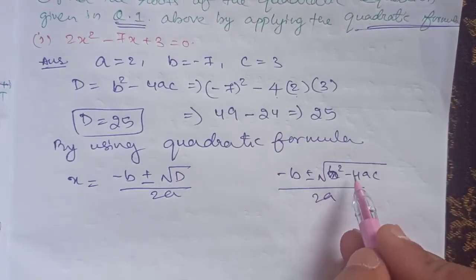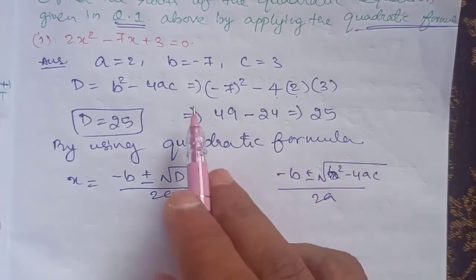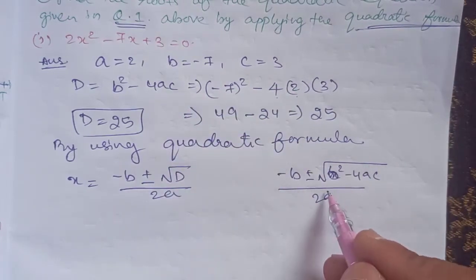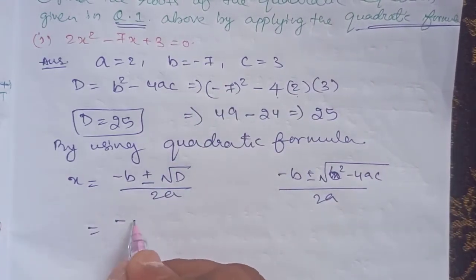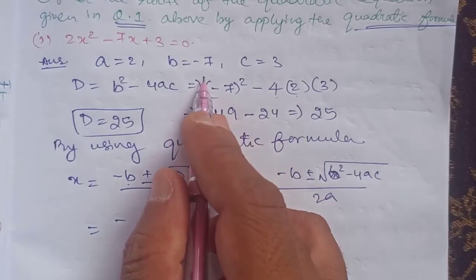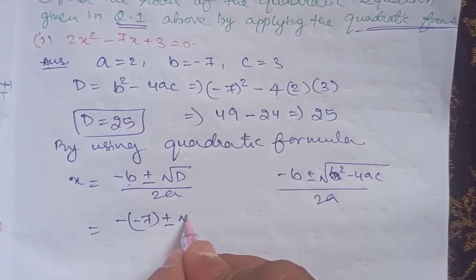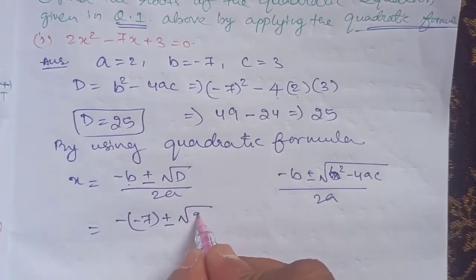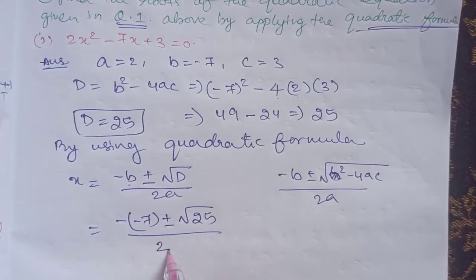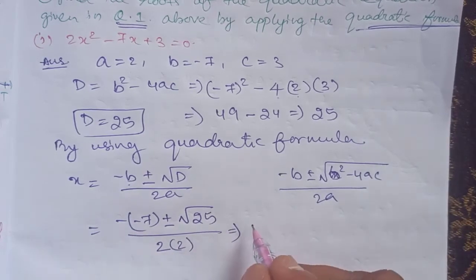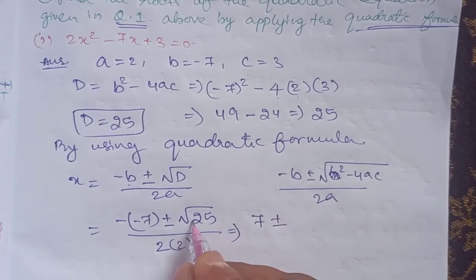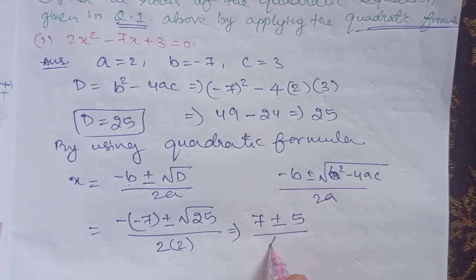Here I wrote d, here you can write b square minus 4ac, without solving the discriminant, directly. So minus b is how much? B has a minus sign, so you write minus 7 inside the bracket, plus or minus root d. D is 25, by 2a. A is 2. Minus minus is plus, 7 plus or minus root 25 is 5, by 4.